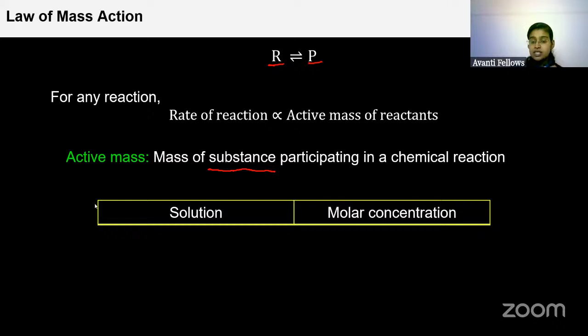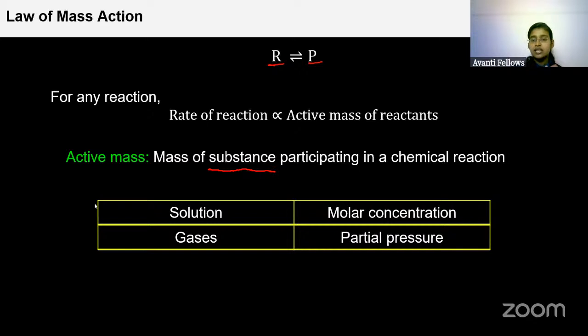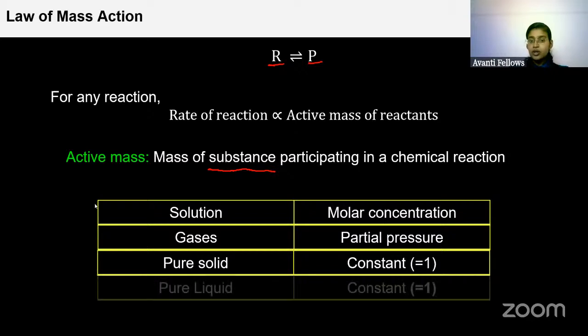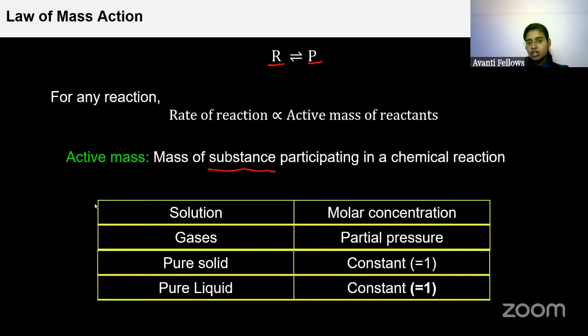And if the substance is a gas, then the concentration is represented in terms of partial pressure. The active mass is denoted by partial pressure. And if the substance is a pure solid, then it is going to be a constant, so the active mass will just be equal to 1. Also for a pure liquid, it is a constant, and the active mass is equal to 1.